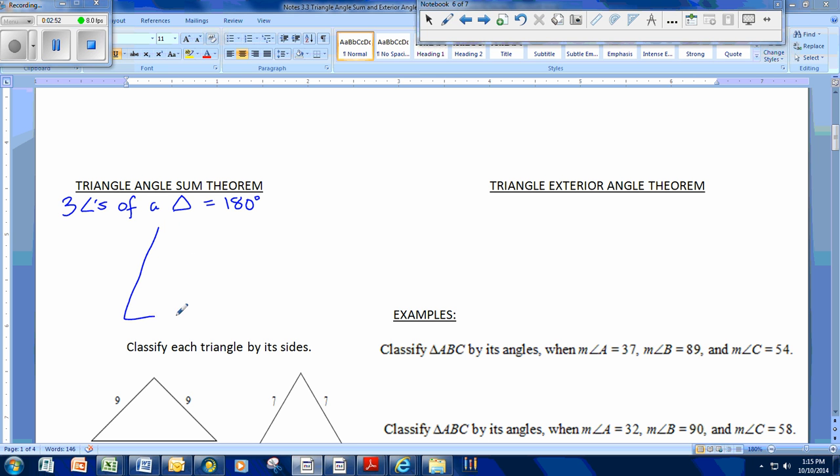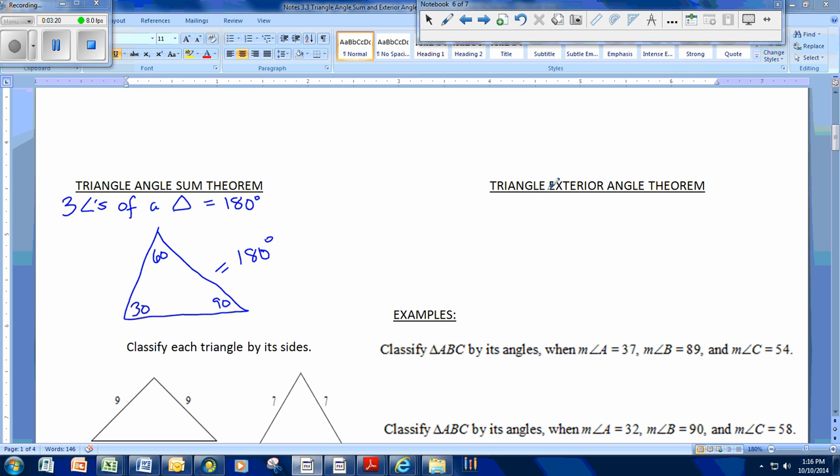So, let's say this angle was 60, this angle was 30, this angle would have to be 90, because 60 plus 30 plus 90 would give you 180 degrees. And that's how the triangle angle sum theorem works. The three angles of a triangle will always add up to 180.